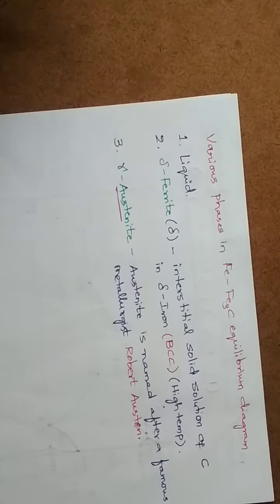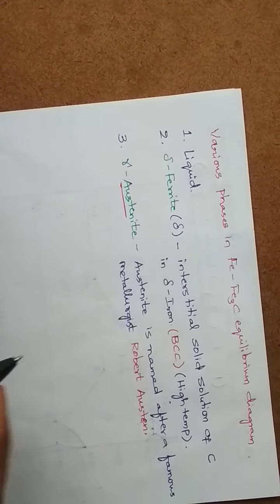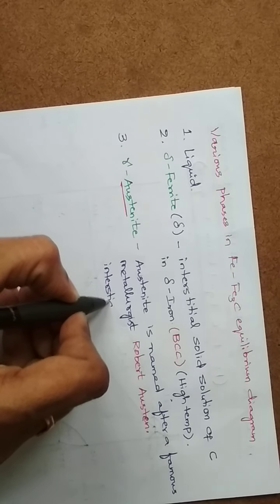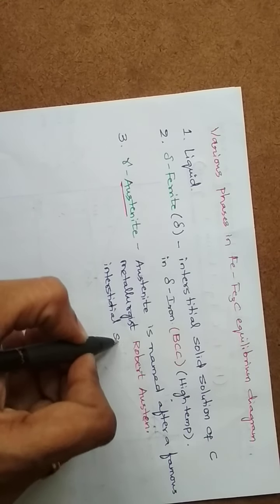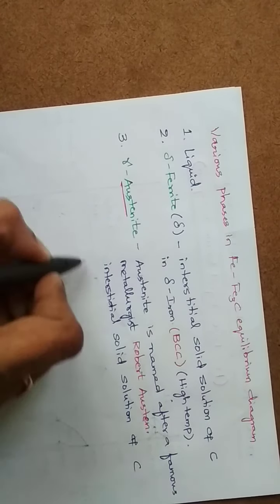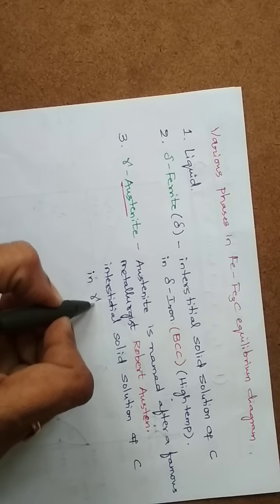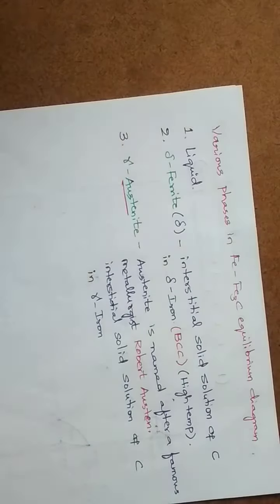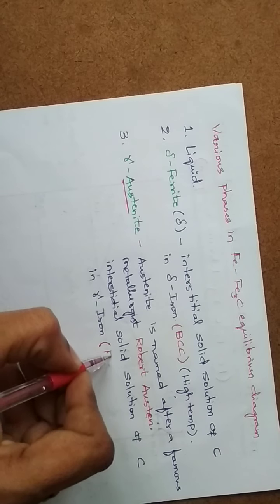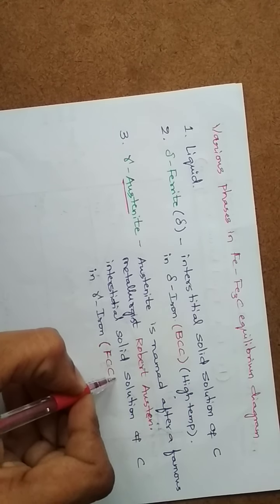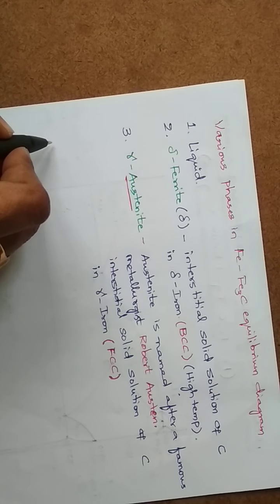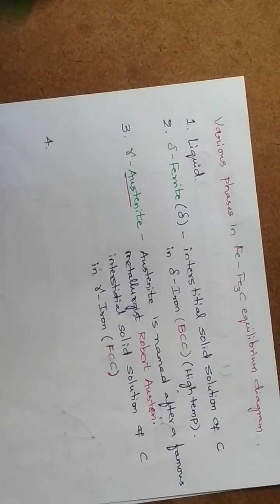Okay, so austenite is also an interstitial solid solution of carbon in gamma iron. Okay, so the only difference is the crystal structure of gamma. The crystal structure of gamma iron is face centered cubic, FCC. Okay, and the fourth one is alpha iron.